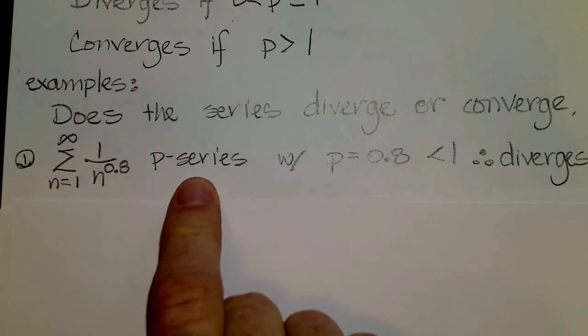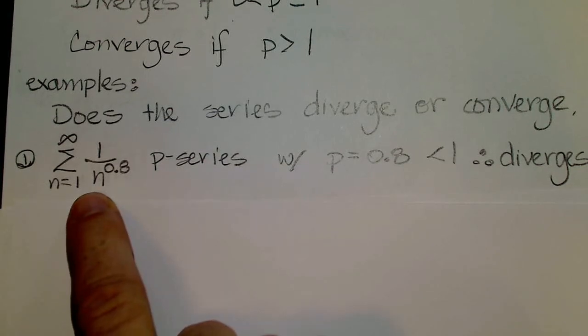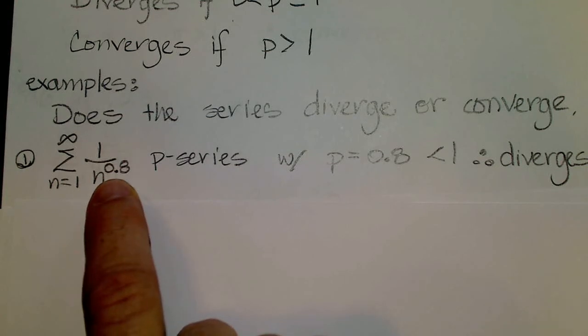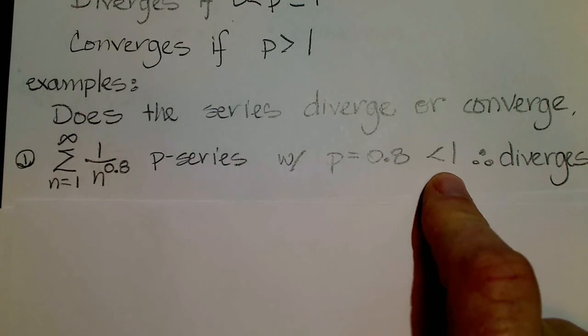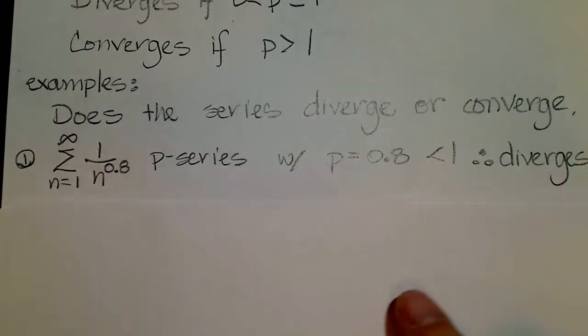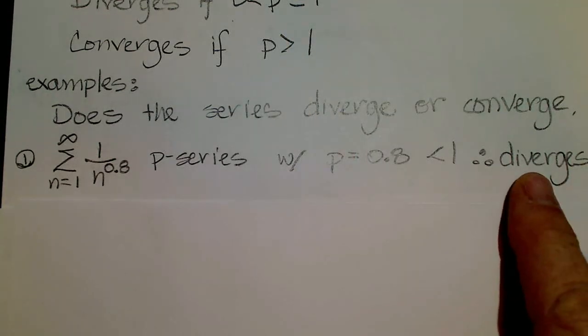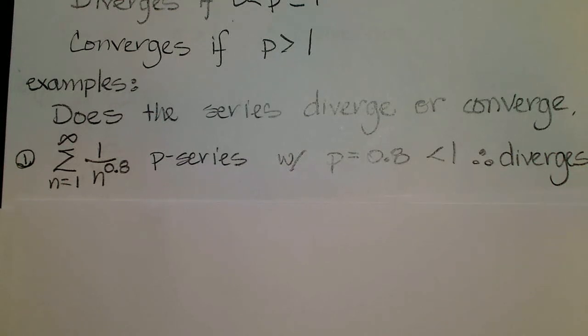Well, this is a p-series because the counting mechanism is in the base of the denominator, and my p is constant, and it turns out to be 8/10 or 0.8, which is less than 1. That falls into the diverge category. That is all you need to do to determine whether a p-series diverges or converges.